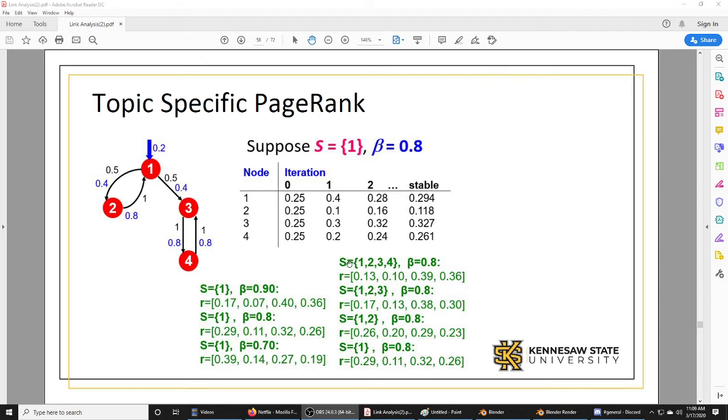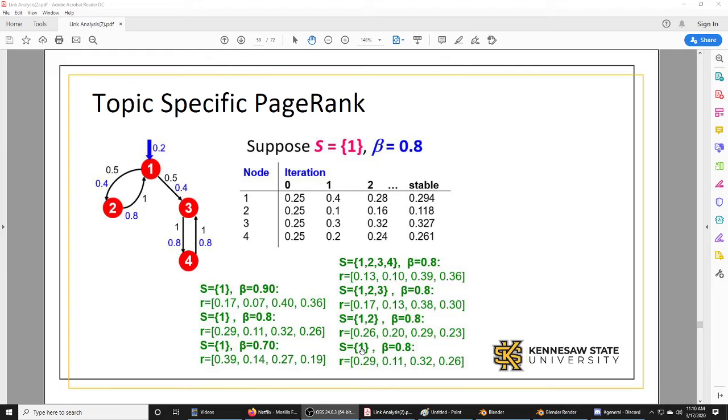So now let's change our set, but leave beta constant and see what happens. So our set contains 1, 2, 3, and 4. So all the web pages are in there. Here, with beta being 0.8, we're going to see that page 3 dominates. Okay, 1, 2, and 3. Beta 0.8, page 3 still dominates. Page 1 and 2 still trail, but not by much anymore.